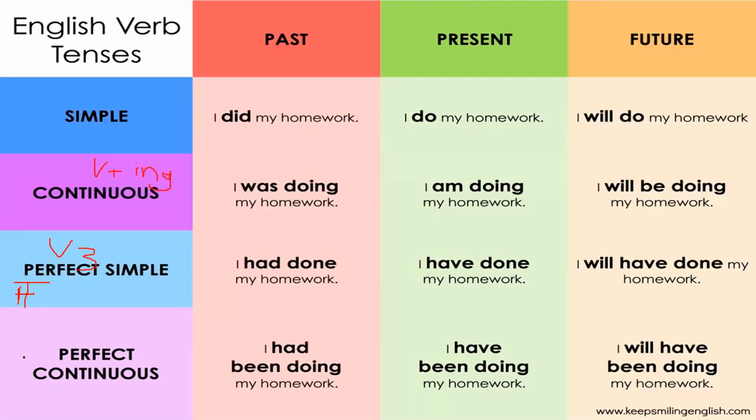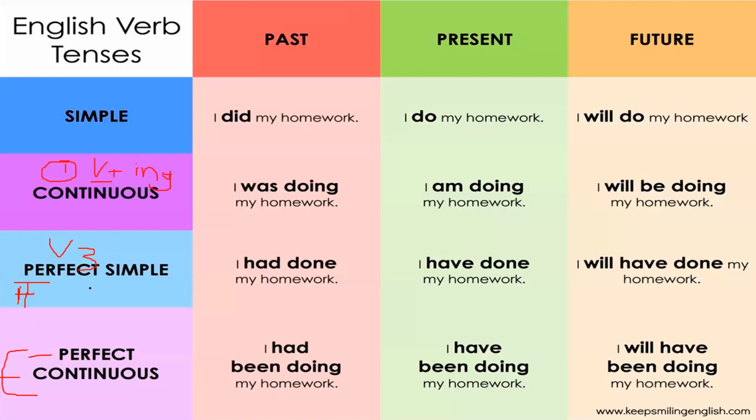In this last form, perfect continuous, we have two parts, perfect and continuous. Continuous equals the infinitive form of the verb plus ing. So this is the first verb.